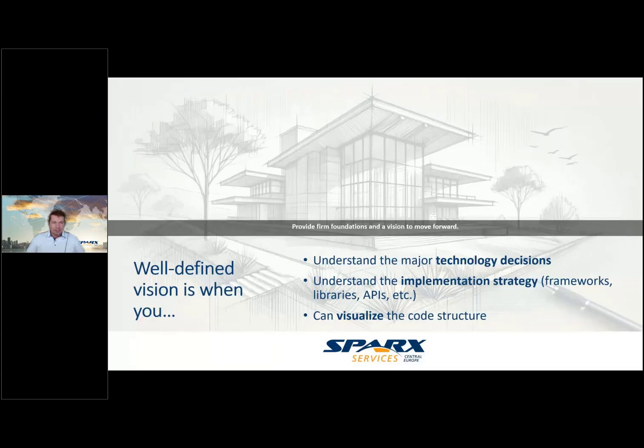Okay, so also major technology decisions ideally assigned to the concrete building blocks, and also the implementation strategy. And that's one of the goals of architecture, if you do it right, then you can visualize the structure of the code.